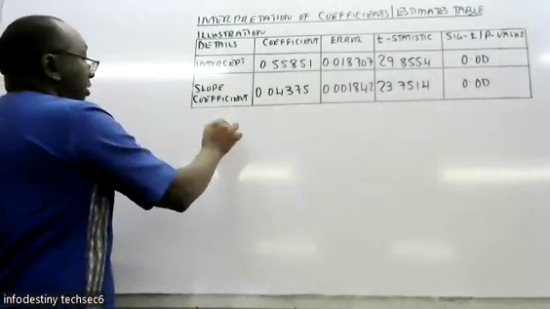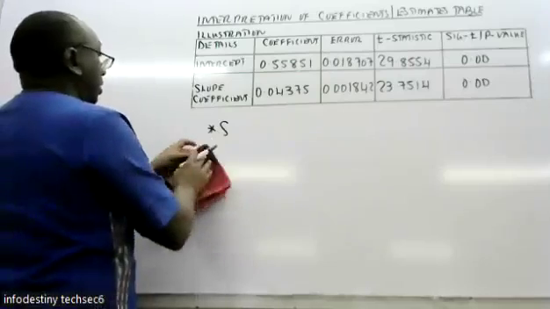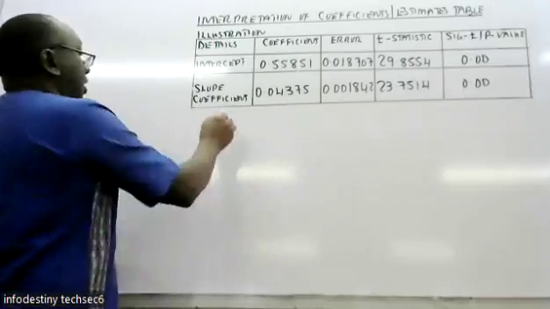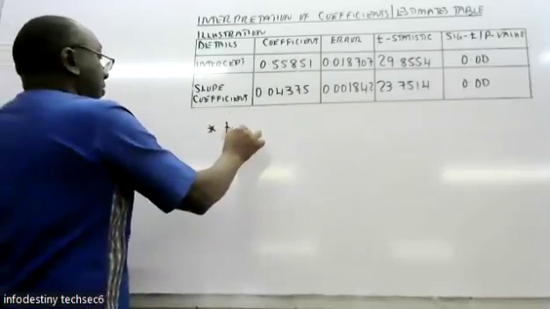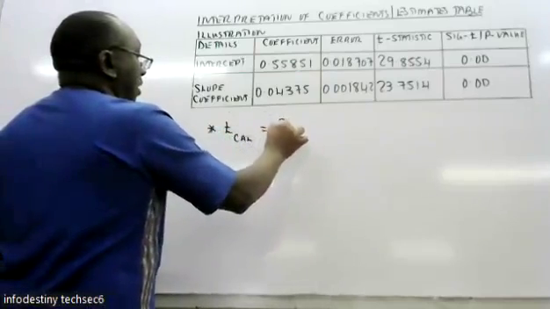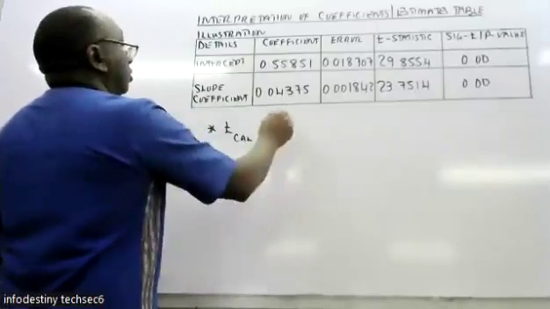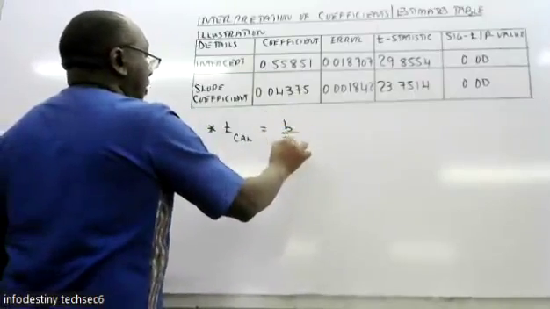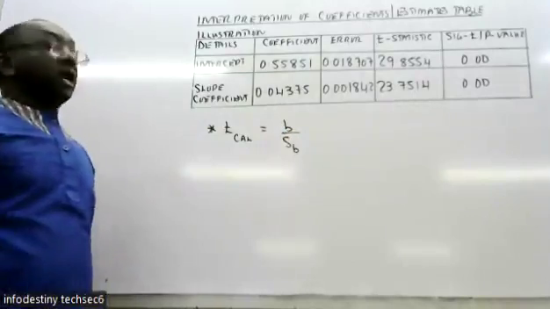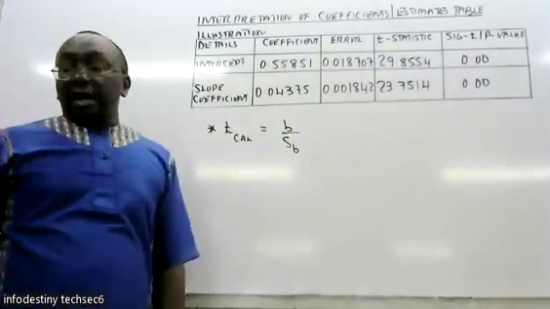So then you can write T calculated equals B out of SB. T calculated is equal to B out of SB.